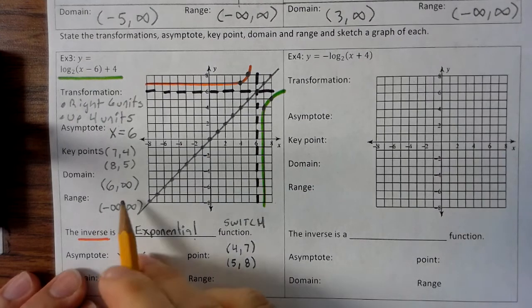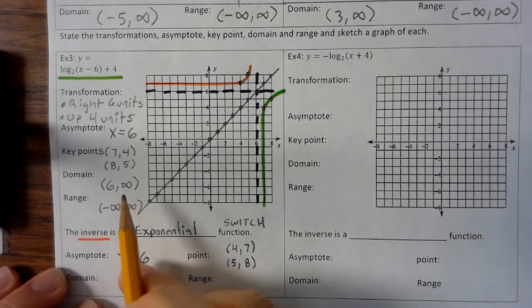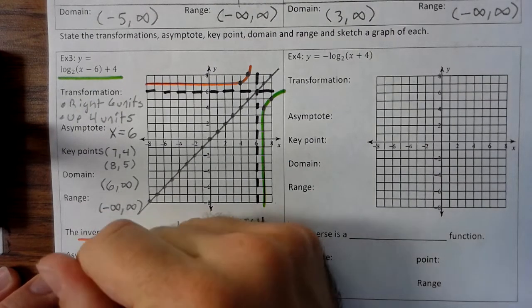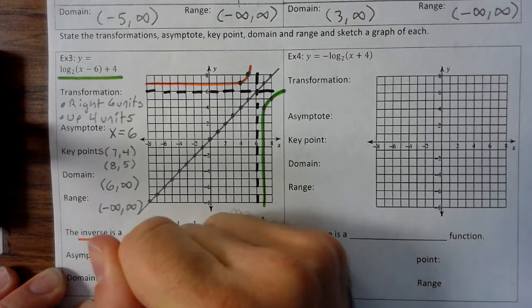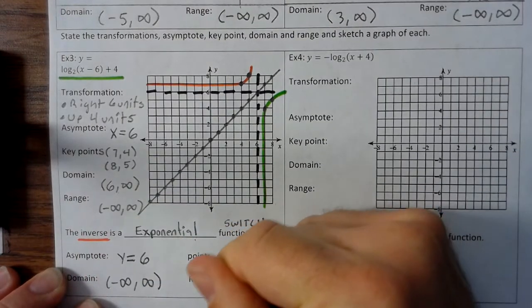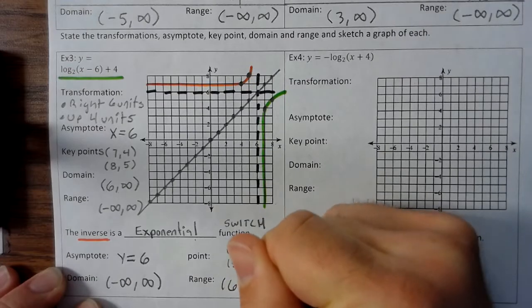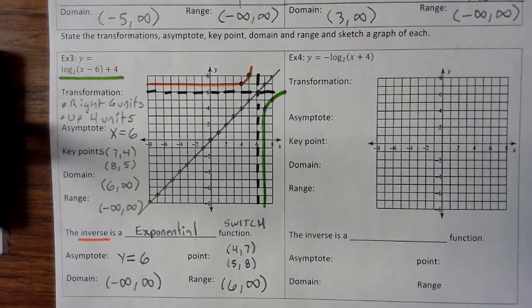Now, domain, remember, switch. So domain was 6 to infinity. Now it's negative infinity to positive infinity. And the range is now 6 to infinity. All right, so go and finish up example 3.